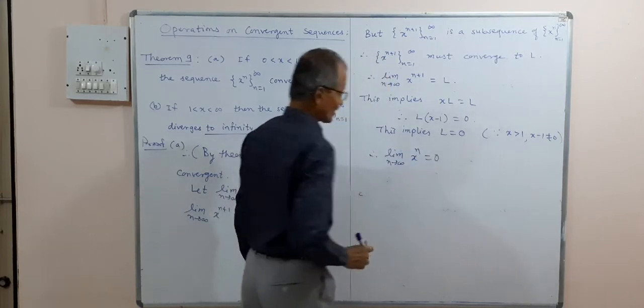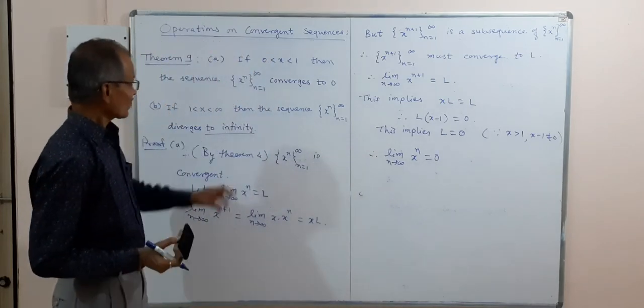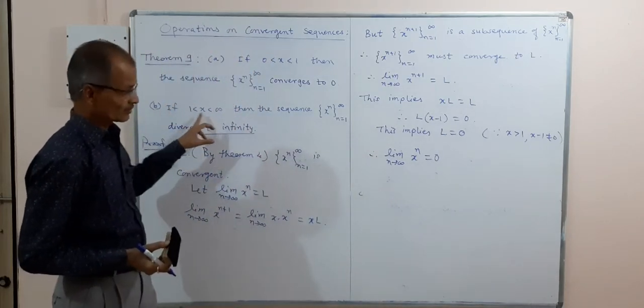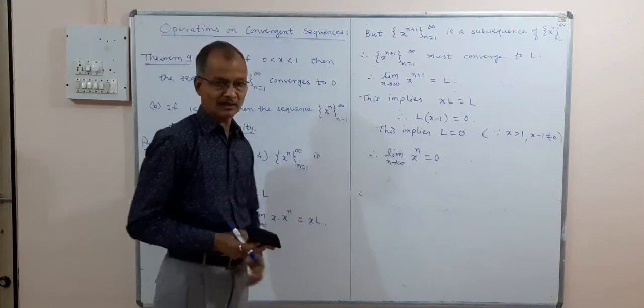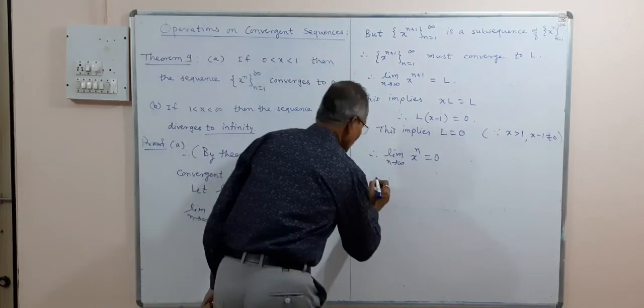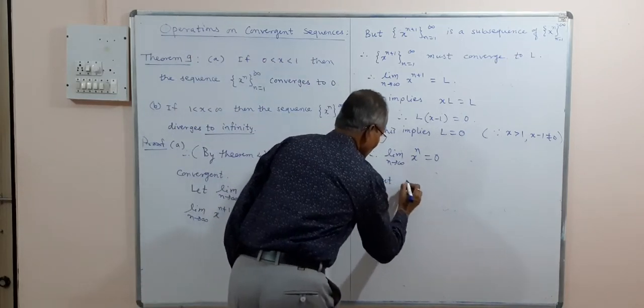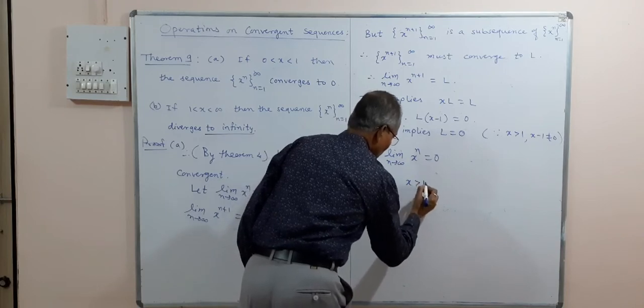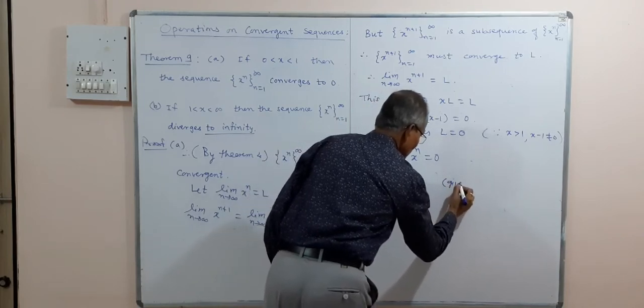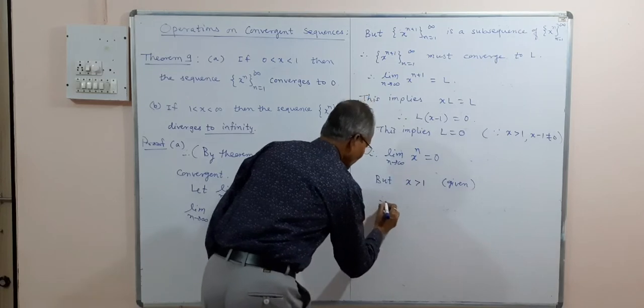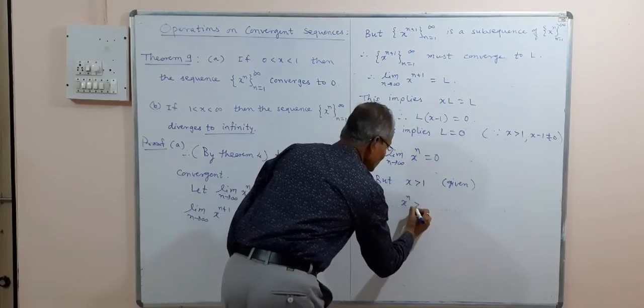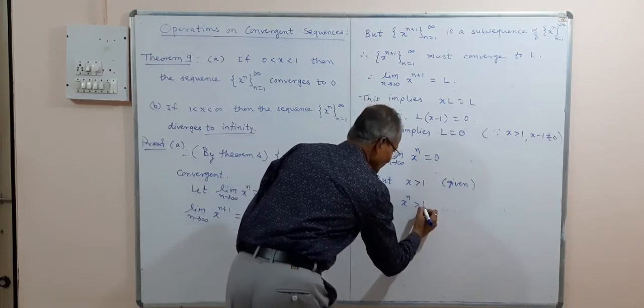So this is 0. But we have x is greater than 1. So therefore x raised to n is greater than 0. This is the given case. And therefore x raised to n is greater than 1 raised to n, which means 1.